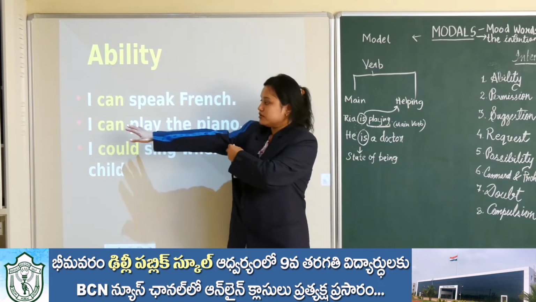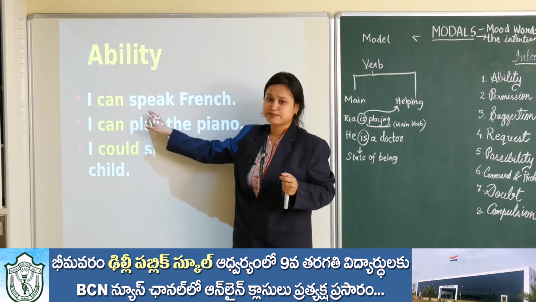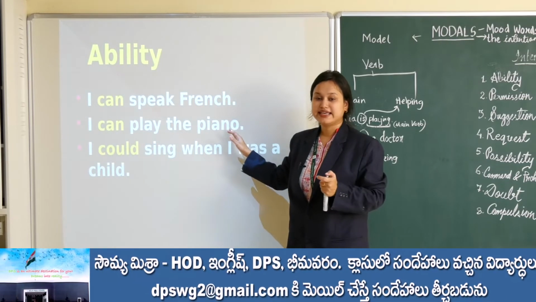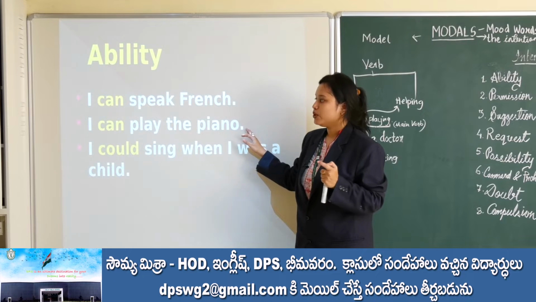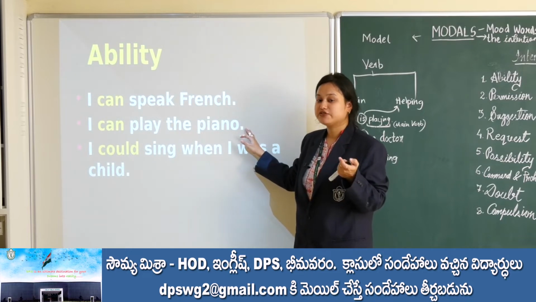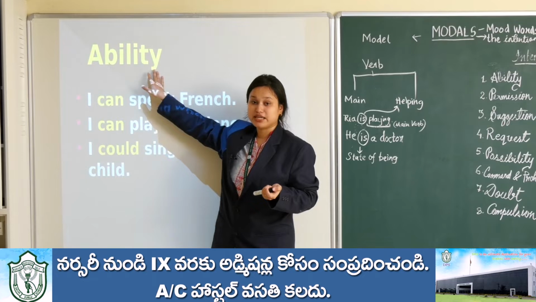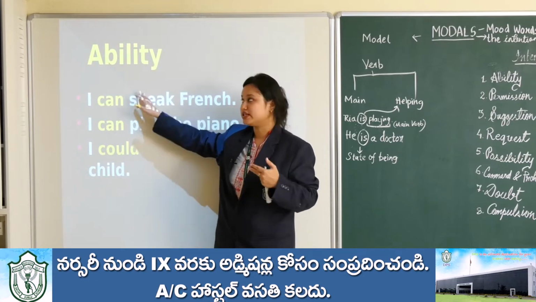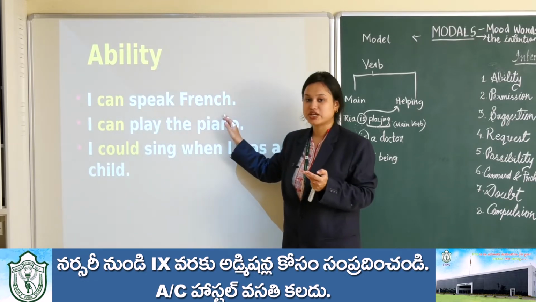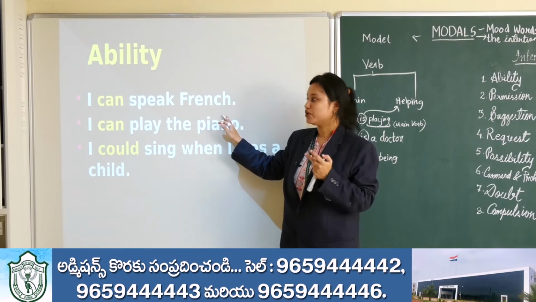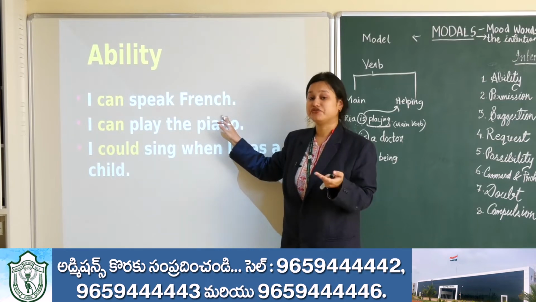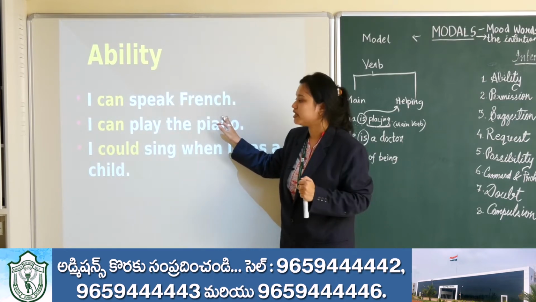So first example, I can speak French. When I am saying I can speak French, what is the can trying to tell us? My ability, that I can speak French. I know a different language, I am capable of speaking a different language, French, right?